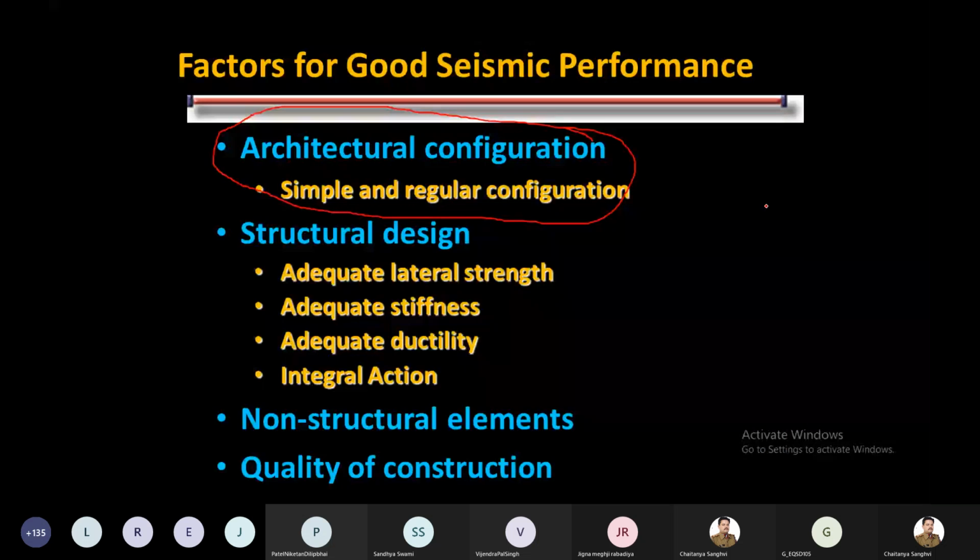Because when you make your structure irregular, you are actually inviting torsion in your structure. So you are not able to handle earthquake force properly, and in addition you are inviting torsion in your building. So you are making your life miserable, I tell you. As far as configuration is concerned, it is the responsibility of architecture, and we have to ensure that simple and regular configuration is there, right?